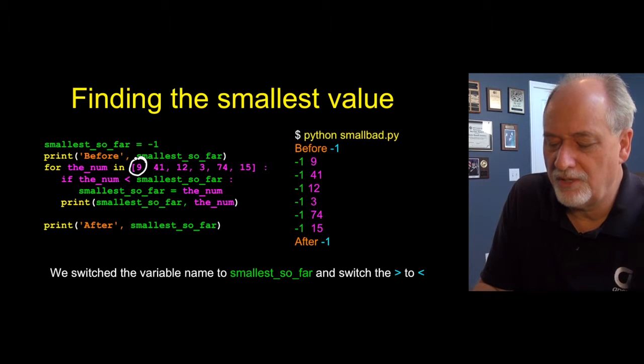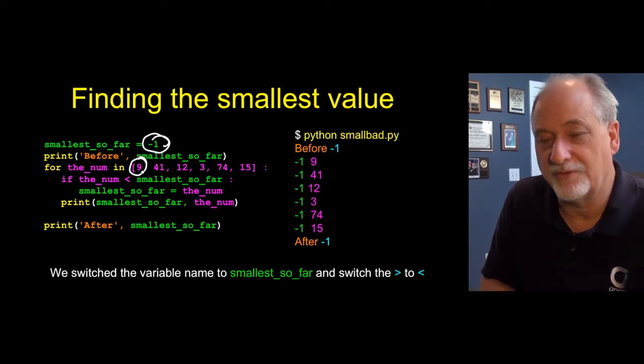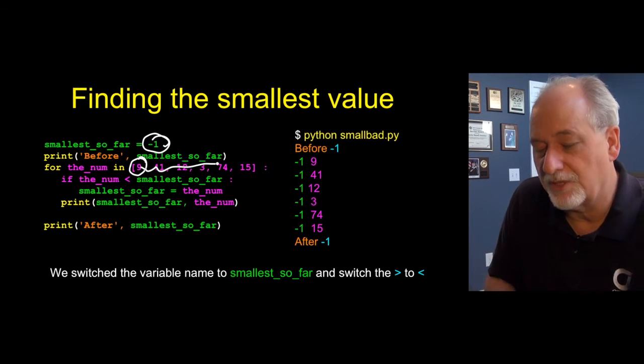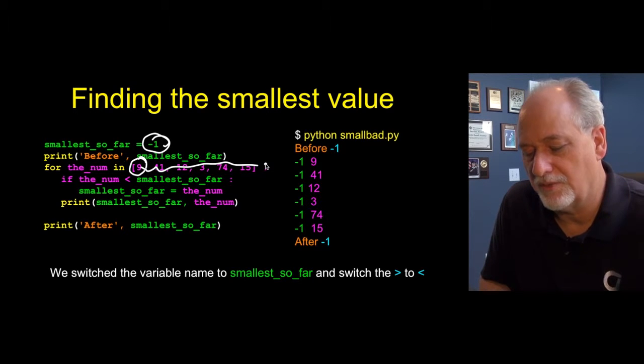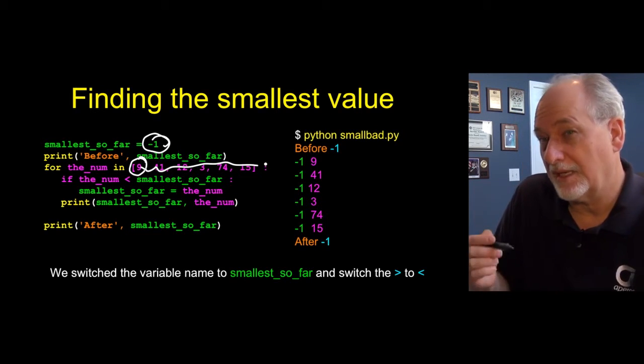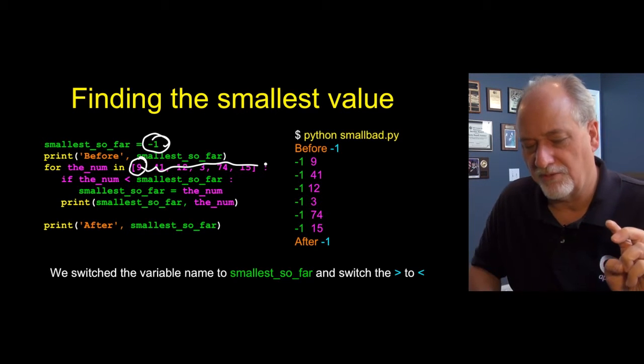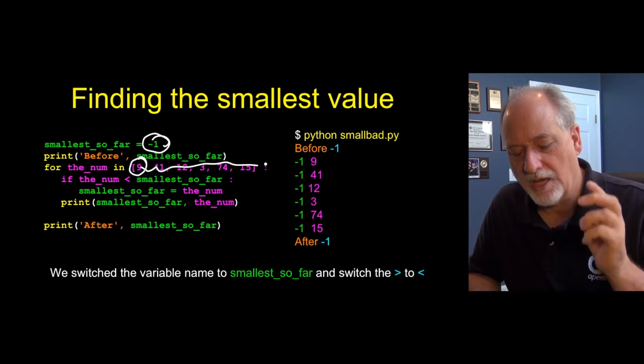But we don't know here before the loop starts what that first number is. Assume this is just data that's coming from somewhere else, and we don't know it until we start reading it. So we have to construct a loop that deals with the fact that we want to capture the first value as our hypothesis for smallest so far. So how do we do that?